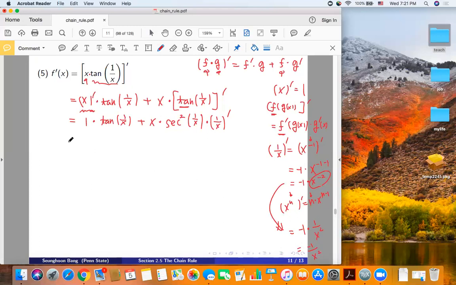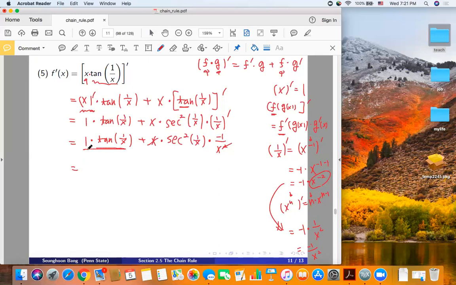So this is 1 times tangent of 1 over x plus x times secant squared of 1 over x times the derivative of 1 over x, which is minus 1 over x squared. What happens? One x is crossed out.